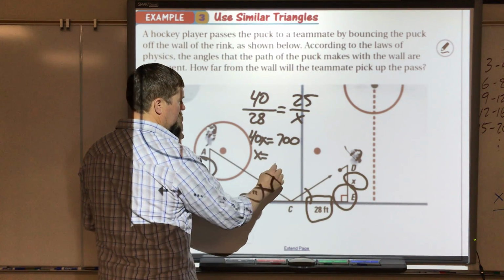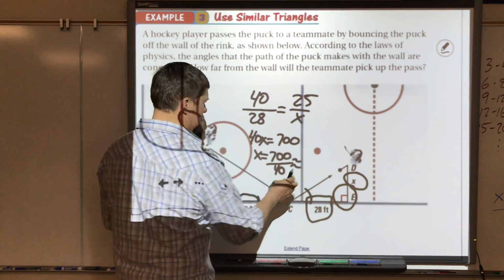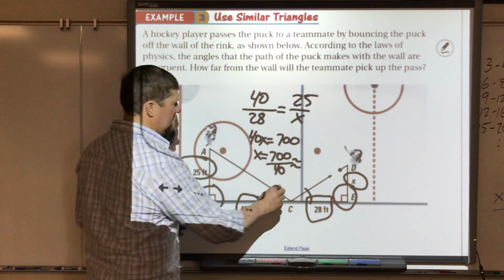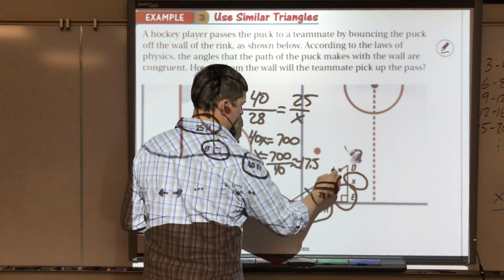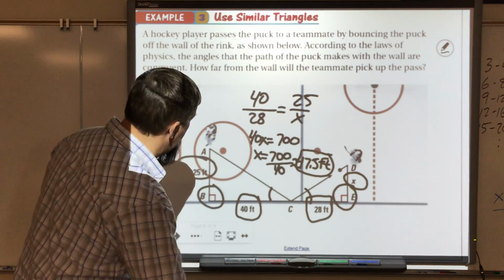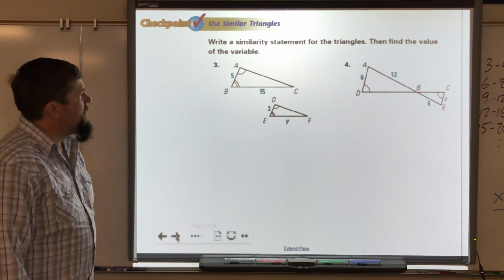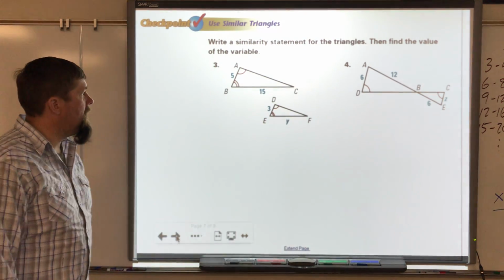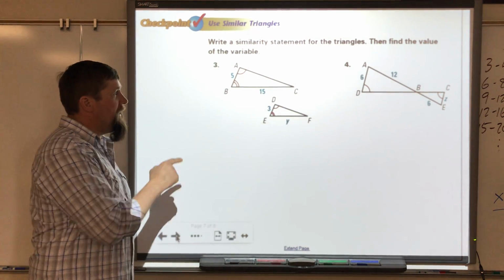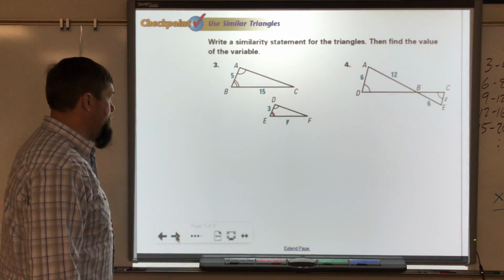So x is equal to 700 divided by 40, which is approximately 17.5 feet. Okay, so let's go ahead and find the variables here. Pause the video, try these, and then I will do them and see how you did.